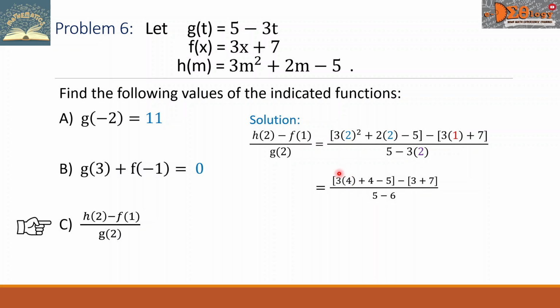Now we multiply 3 by 4 and that is 12. 4 minus 5 is negative 1, minus the second group 3 plus 7 is 10. In the denominator 5 minus 6 is negative 1. Now 12 minus 1 is 11, minus 10 all over negative 1. In the numerator 11 minus 10 is 1 over negative 1. The answer is negative 1.